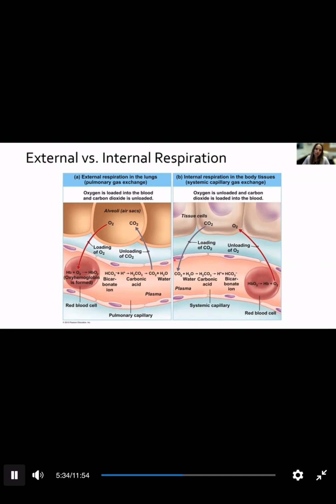They can offload the CO2 that they've expelled through energy utilization, and that CO2 can then circulate back to the lungs to be expelled. So external respiration: diffusion at the site of the lungs. Internal respiration: diffusion of gases at the site of the tissues, systemic diffusion.